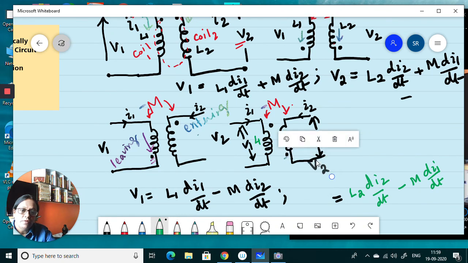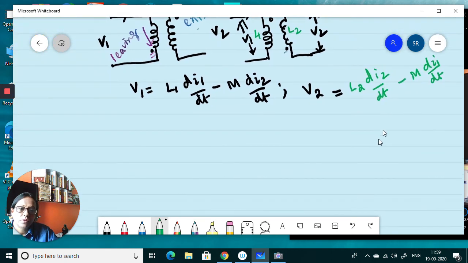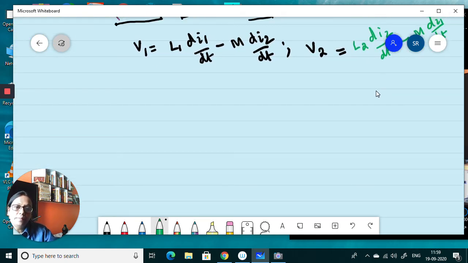So in any coil, we have to remember the expression of V1, that is the voltage of coil 1, which is nothing but the terminal voltage.